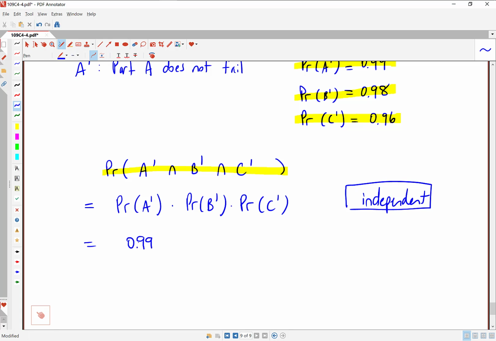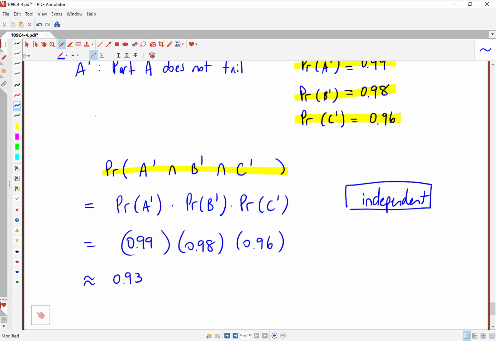So 0.99 is our probability that A is good. 0.98 is our probability that B is good. 0.96 is our probability that C is good. If we multiply those together, it comes out to about 0.93. So you've got about 93% chance that your laptop or whatever this is will still be good after a year.